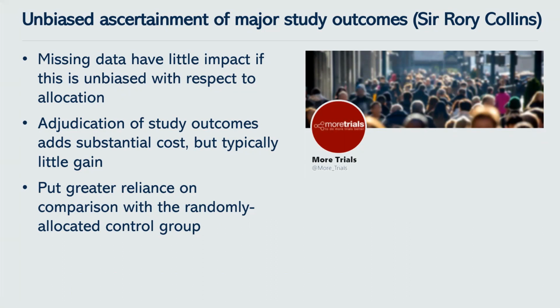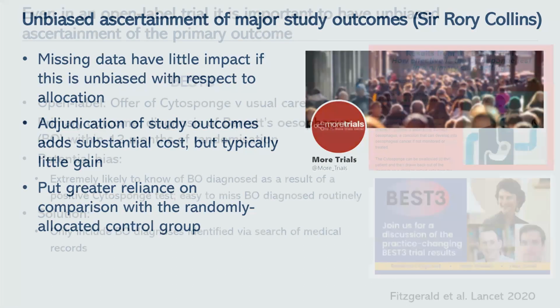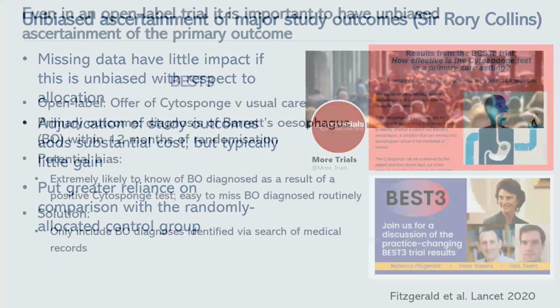He's also shown that if you do adjudication of study outcome, it adds substantial costs, but typically little gain. In most studies, it makes very little difference. So you need to put much greater reliance on comparisons with the randomly allocated control group and to make sure that's working. This is an example of where we tried to follow that.